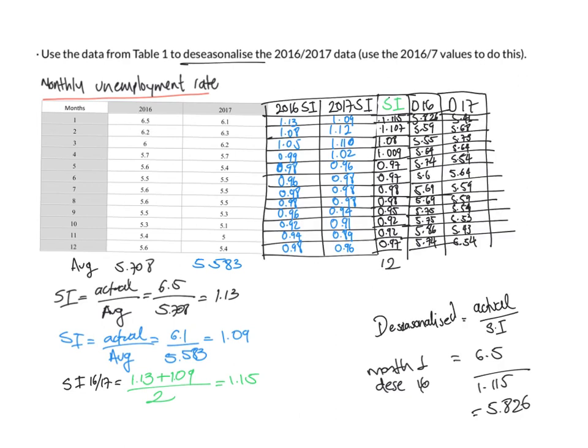Once you do that for every month of the year, you get this set of data. I put D for deseasonalized for 2016, and D, this is a D guys, for 2017.